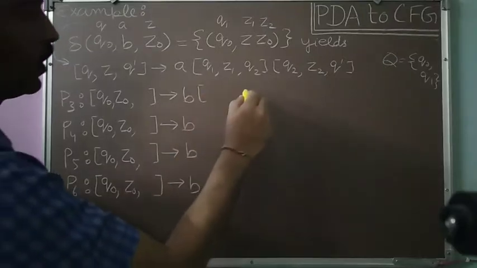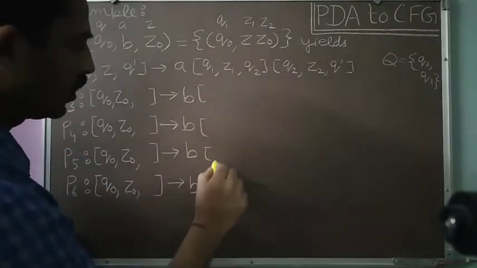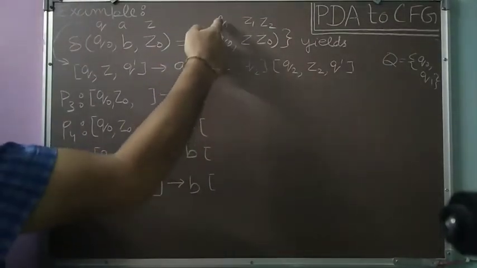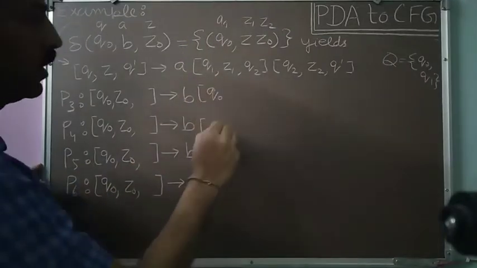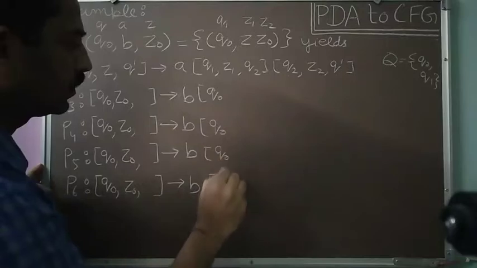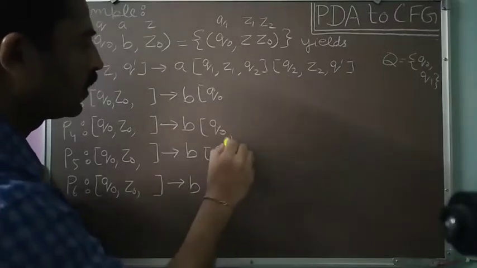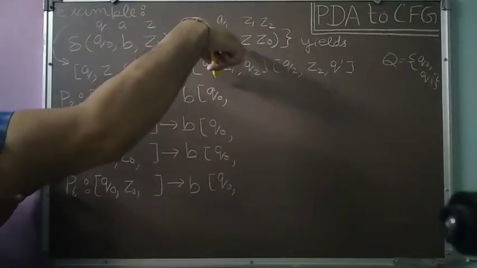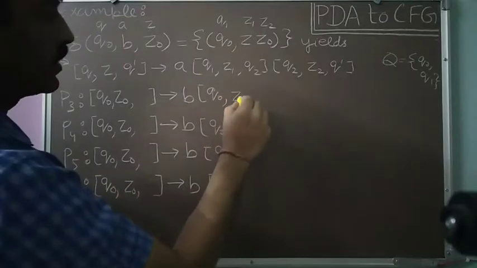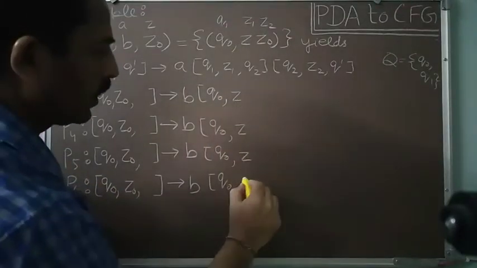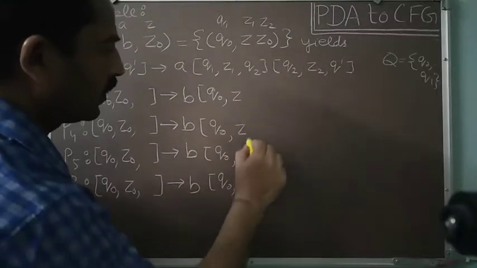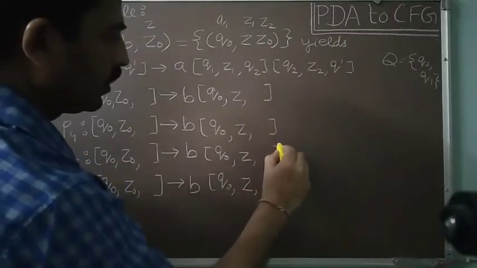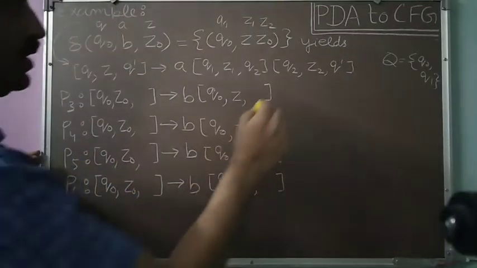And then there will be two triples. So first triple starts with Q1. The value of Q1 is Q0, so I am putting Q0 everywhere. And then Z1. Z1 is the first symbol. The value of Z1 here, you can look at Z, so I will be putting Z everywhere. And then the value of Q2 is not known to me, so I will just leave the blank space and complete the triple.